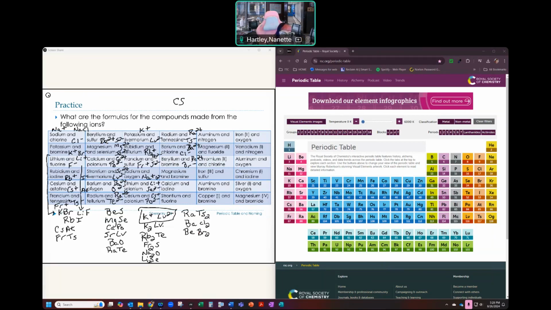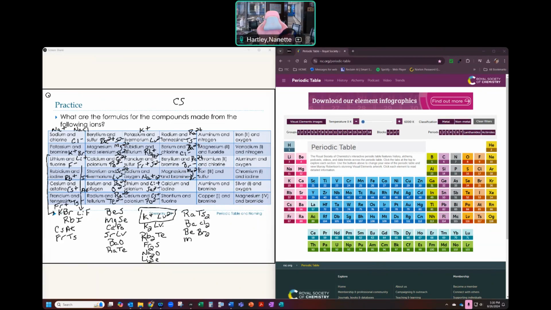Okay, we have our magnesium. And our magnesium should be here. Mg2+. And of course, we have bromine with that one as well. So Br- there.